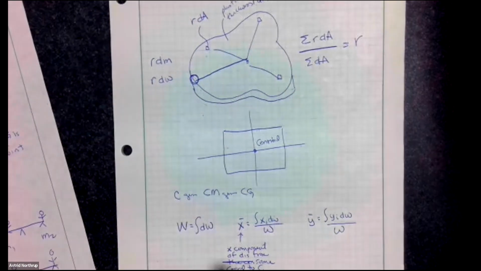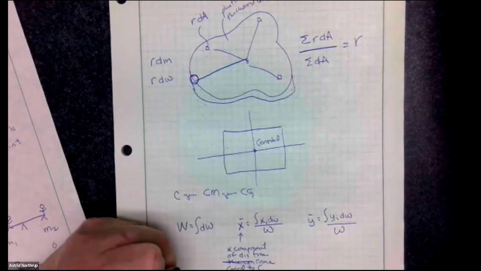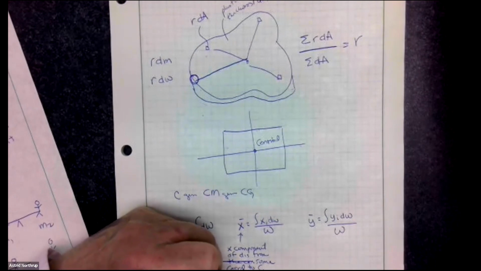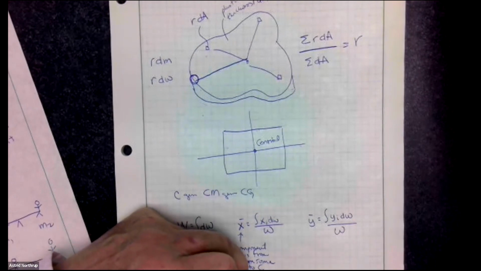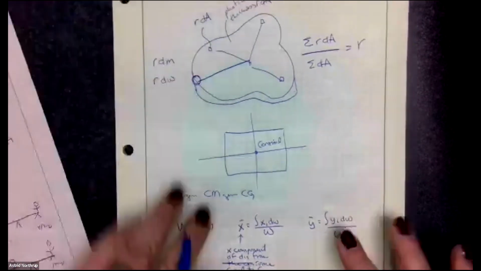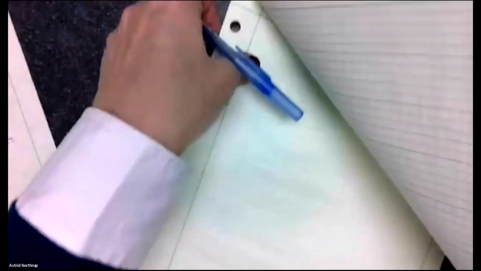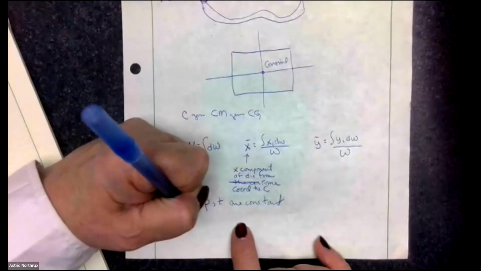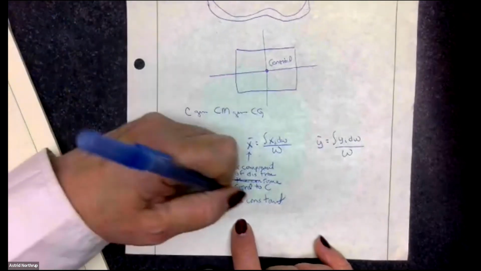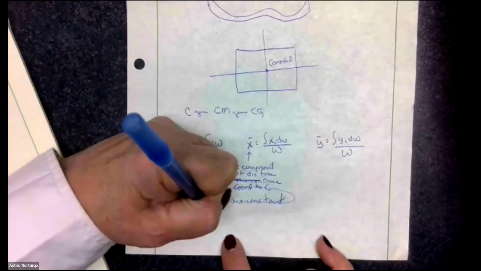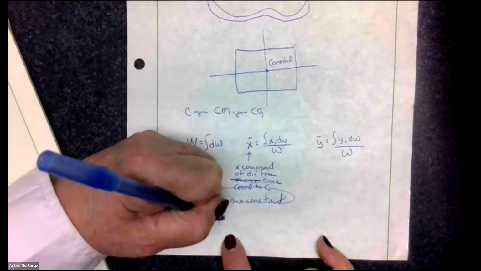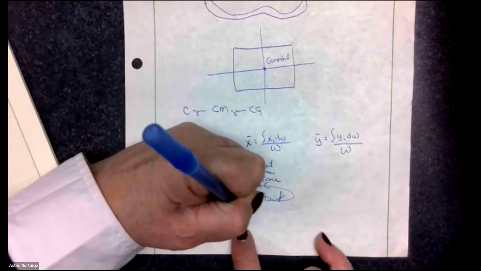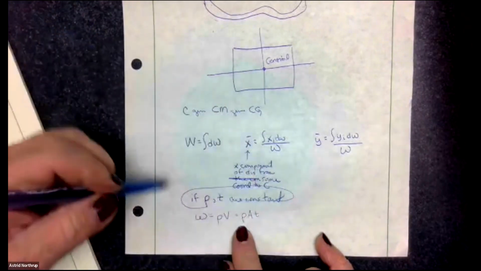And then last but not least, if density and thickness are constant, we know that weight is going to be equal to density times volume, and volume is going to equal area times thickness.